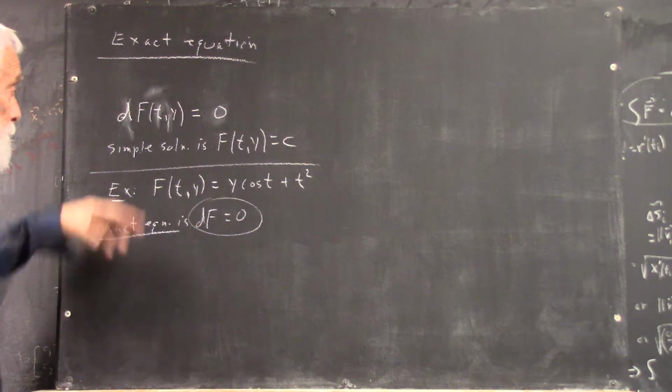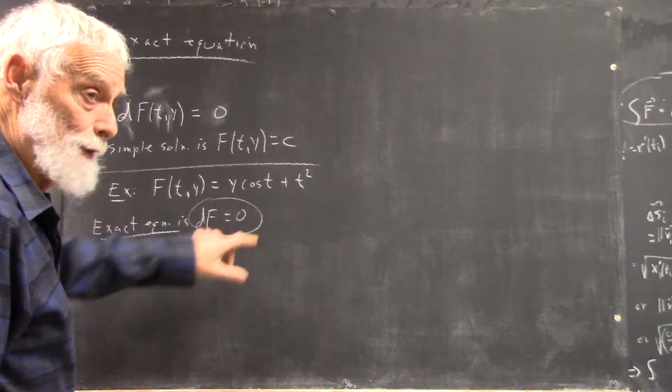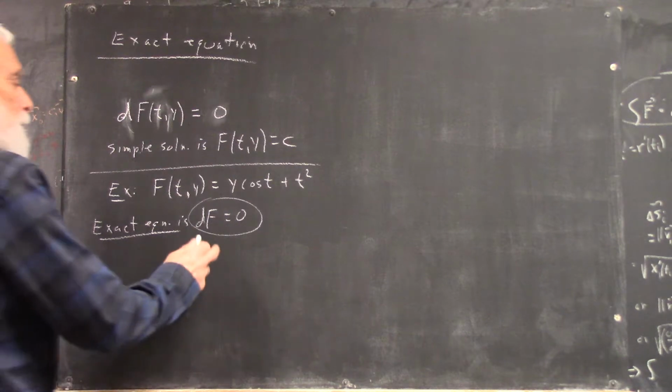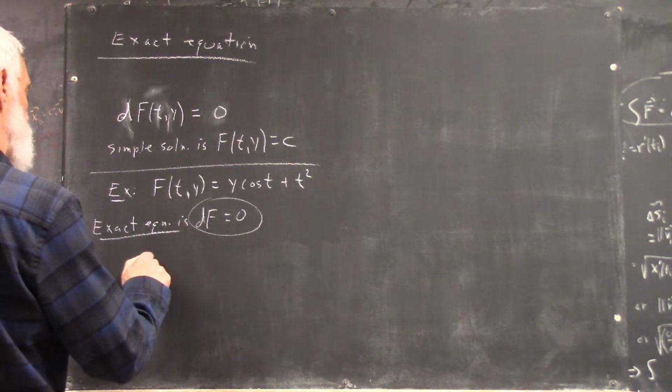It's dF equals 0. Okay? Now it's F of t, y, but you know, just writing it briefly. Well, again, you're not going to see it in this form. What's dF?